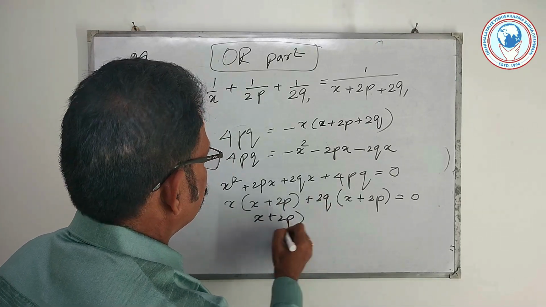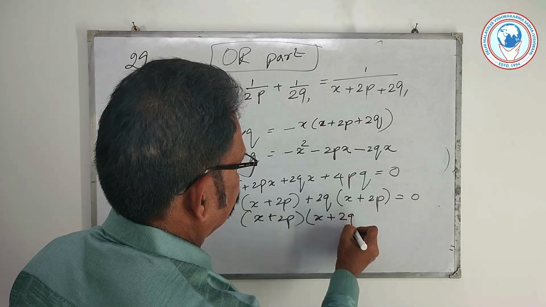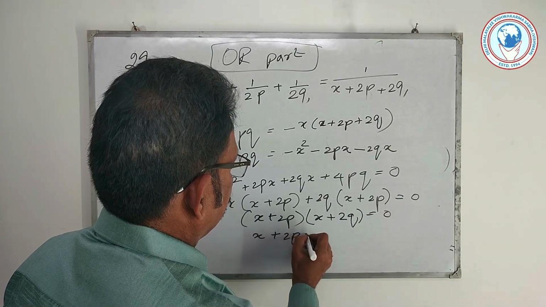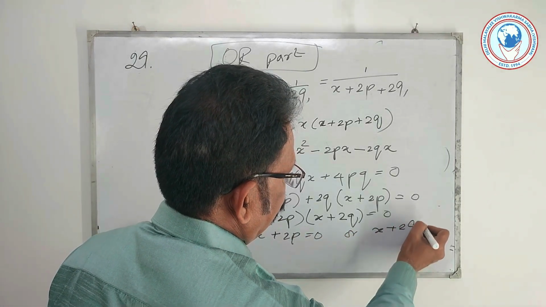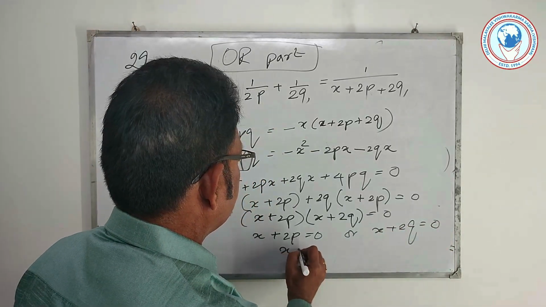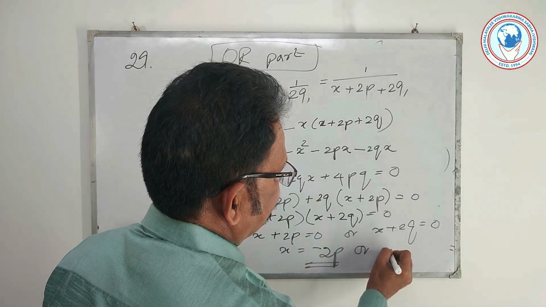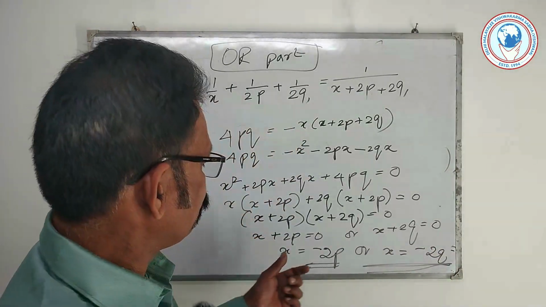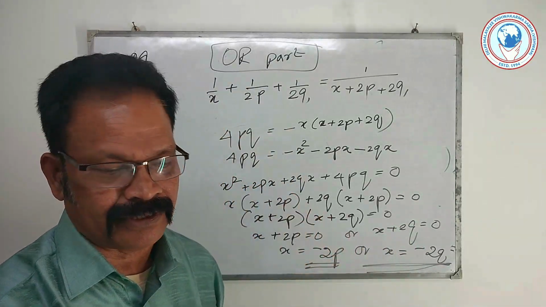Now x plus 2p is common for these two terms, so x plus 2p equal to 0 or x plus 2q equal to 0. So we get x is equal to minus 2p or x is equal to minus 2q. So these are the solutions, minus 2p or minus 2q, both are solutions of the equation.